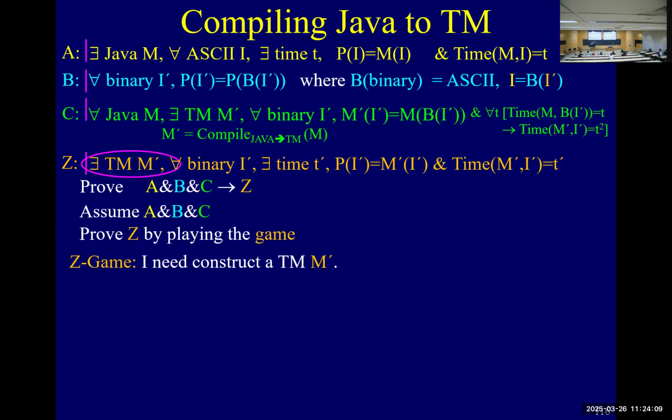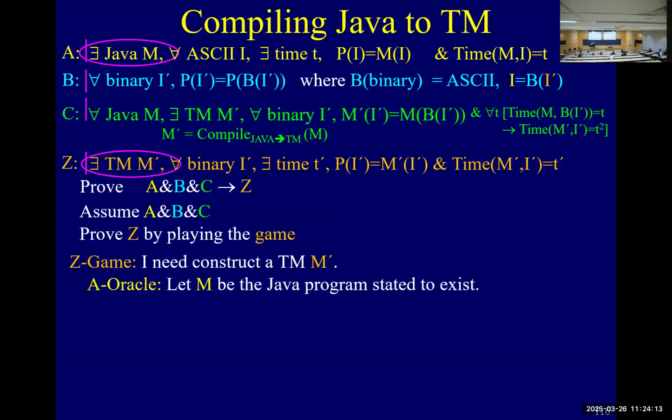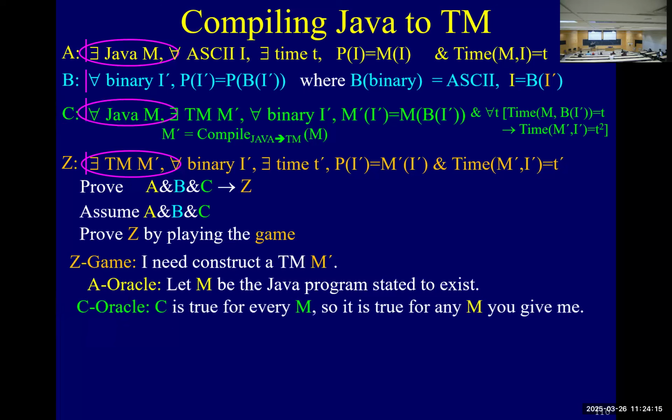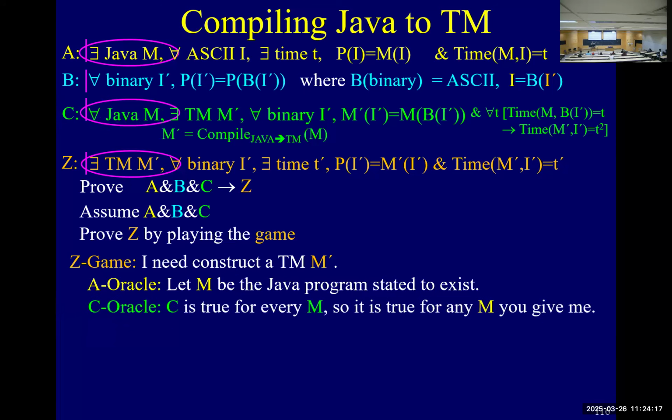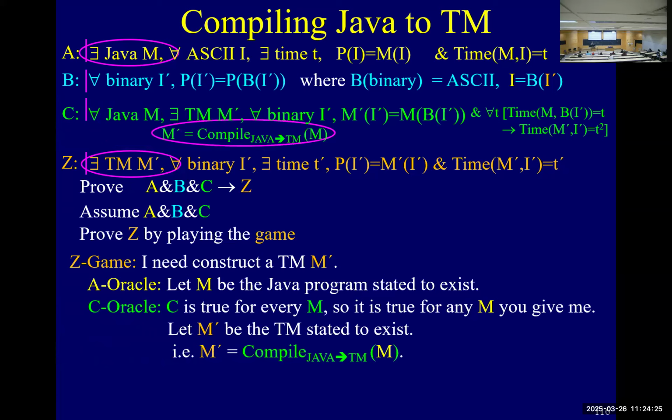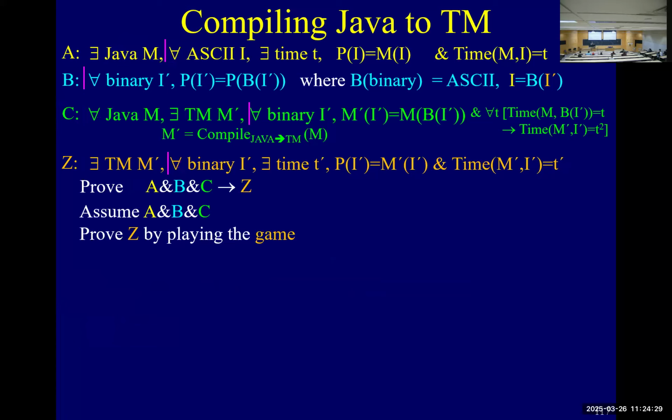We got a line of where we are. I get a Java program. What do I do with it? I give it to C. C gives me a Turing machine. Great. How did it do it? It compiled.